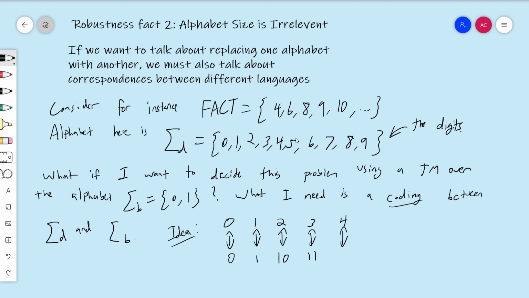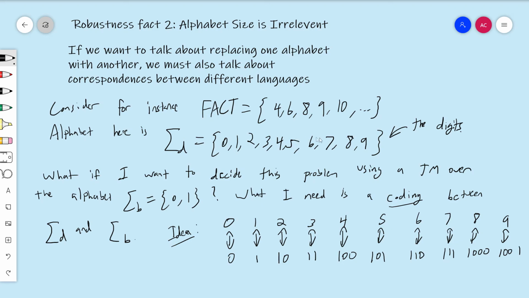4, I would associate that with 1, 0, 0. 5, I would associate that with 1, 0, 1. 6, I would associate that with 1, 1, 0. 7, I would associate that with 1, 1, 1. 8, I would associate with 1, 0, 0, 0, and then 9 I would associate with 1, 0, 0, 1.